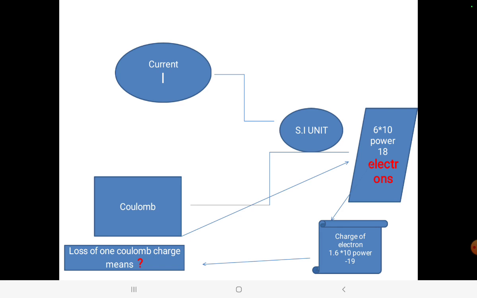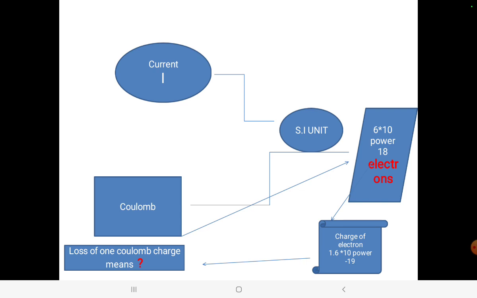Next, some key points about current. The current, represented with I, has the SI unit ampere, and the charge unit is coulomb.